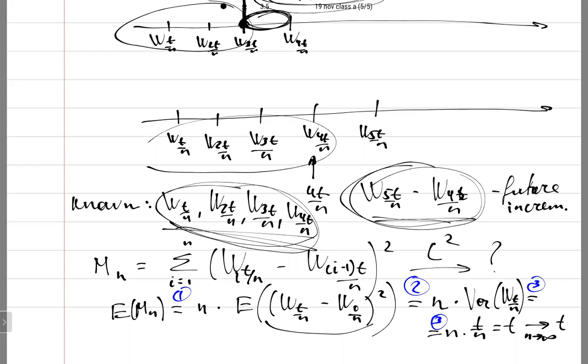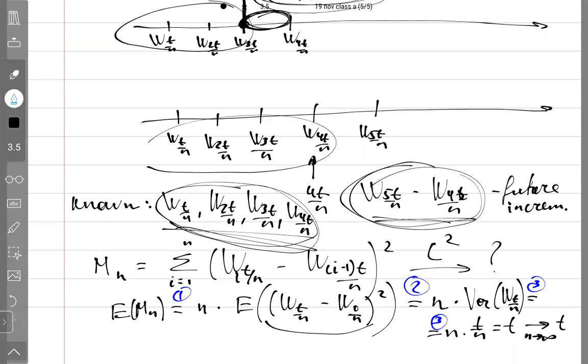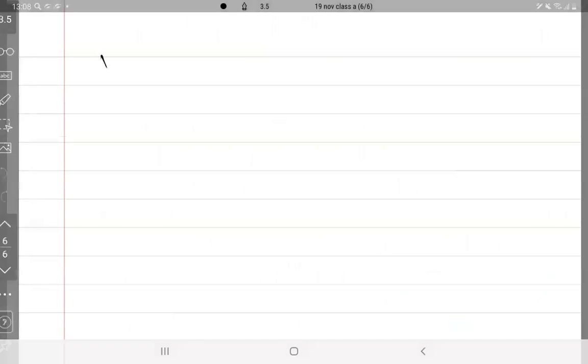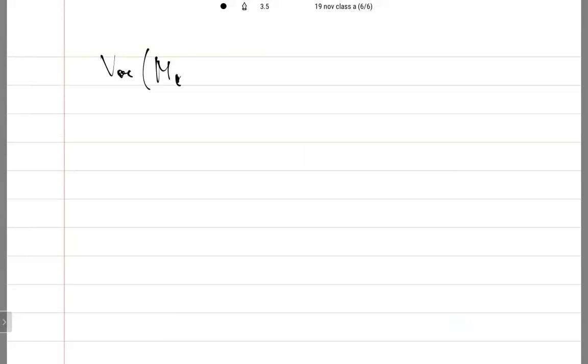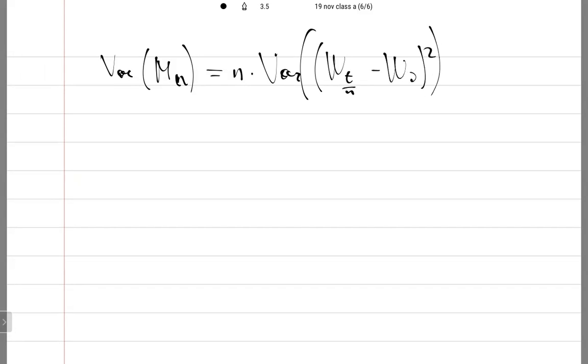Yes. Okay, and let's calculate the variance of Mn. They are independent, so it's n times the variance of one term, (W t over n minus W0) squared.